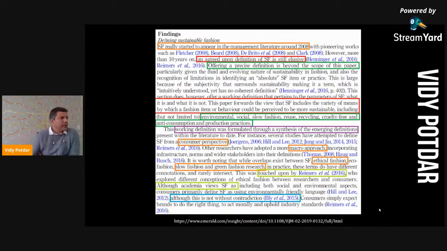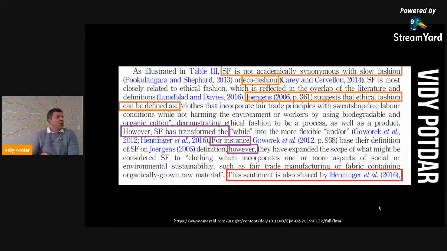Okay, next, if we move on, as illustrated in table 3, sustainable fashion is not academically synonymous with slow fashion or eco fashion. So slow fashion is studied by these authors, eco fashion by these authors.